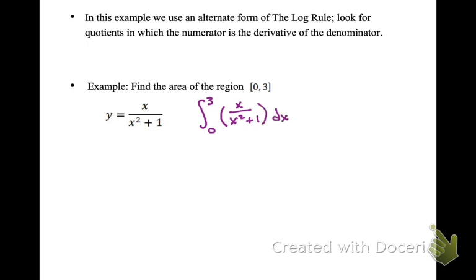Okay, so we're crossing our fingers that the numerator is the derivative of the denominator, correct? So the denominator is x squared plus 1. And so the derivative of that would be 2x dx. Okay, so is that possible here?